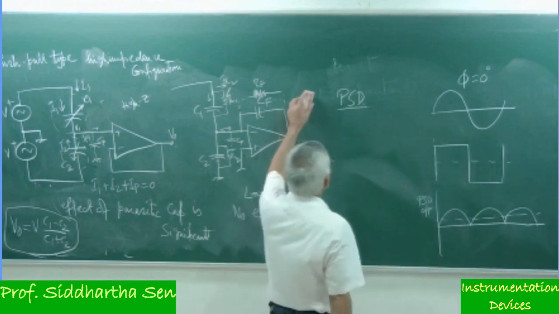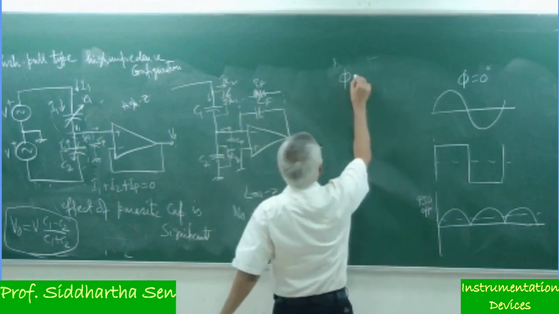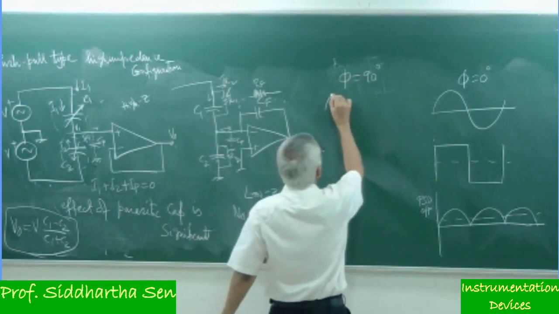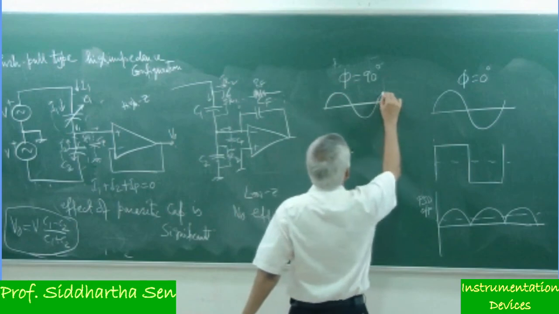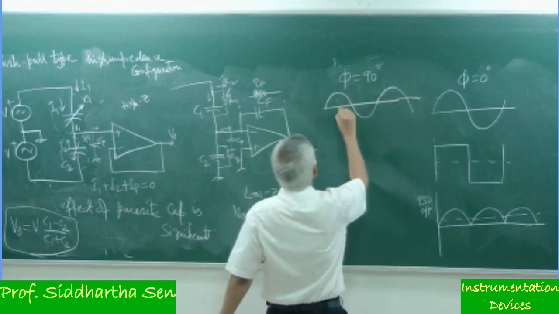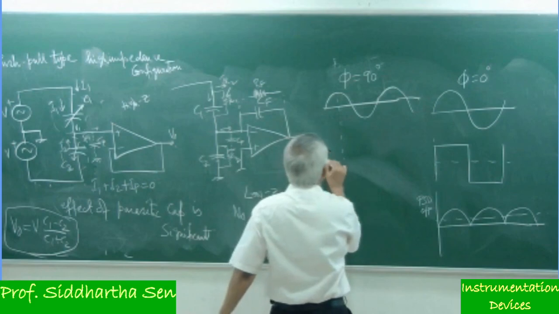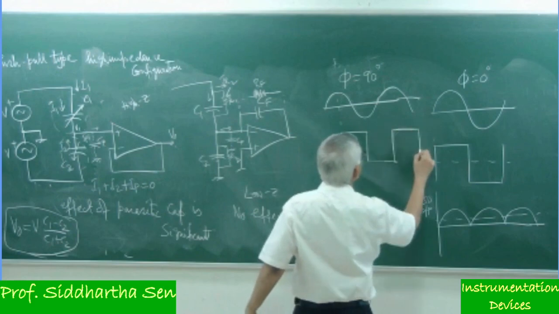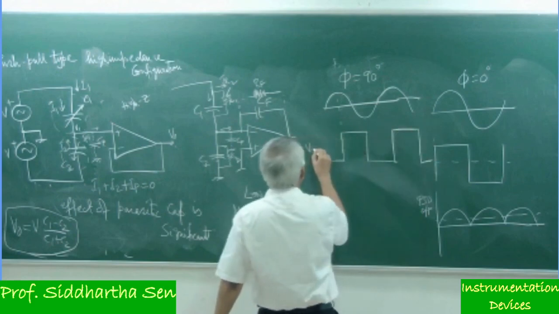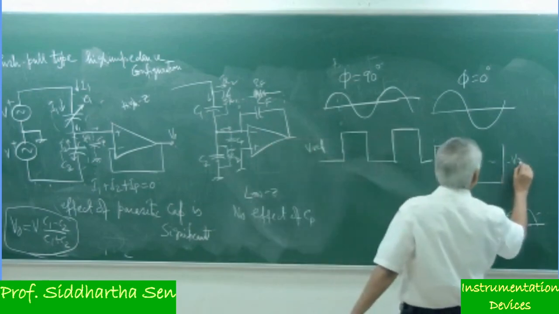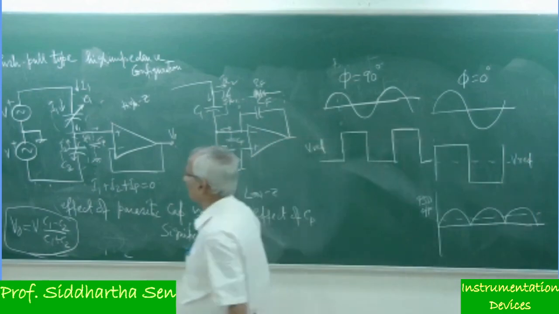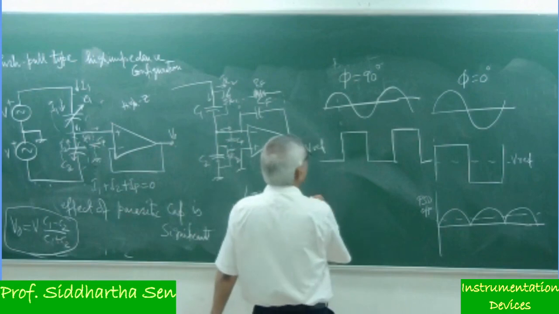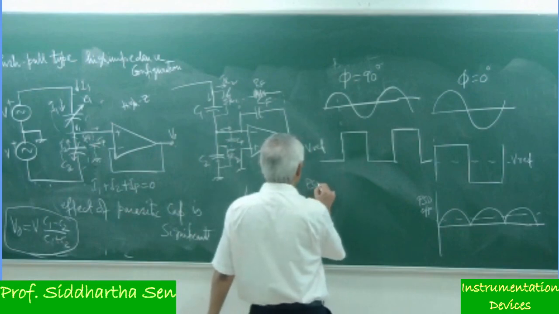But if phi is equal to 90 degrees, say we have the same output here, and this is your V reference, that is the primary voltage. So what would be the V0 output or the PSD output?